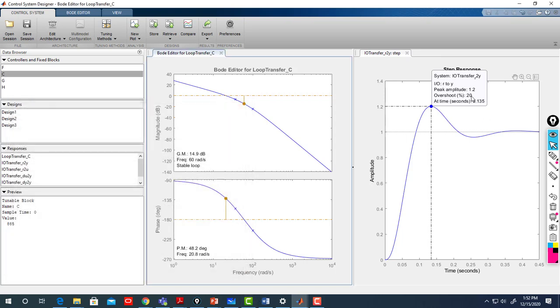This 20% overshoot, my desired overshoot, is obtained at a gain of 885. But we know that to have kV equal 40, my gain should be 1440. So now my gain is 885. But at this gain, at least I know that I have the overshoot required and the peak time required.